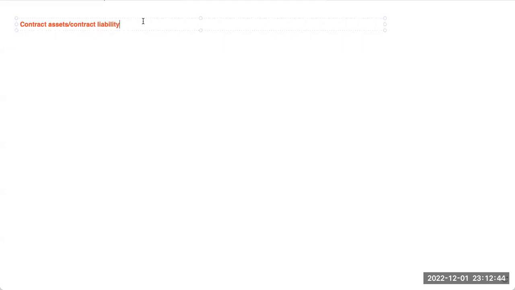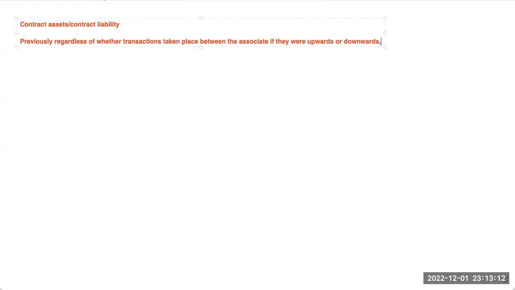So previously, regardless of whether transactions taking place between the associate were upwards or downwards, the treatment was the same.